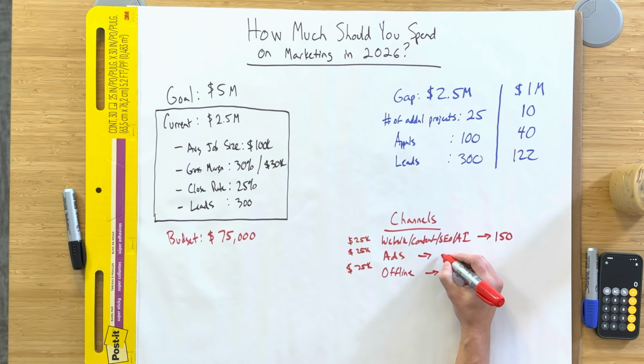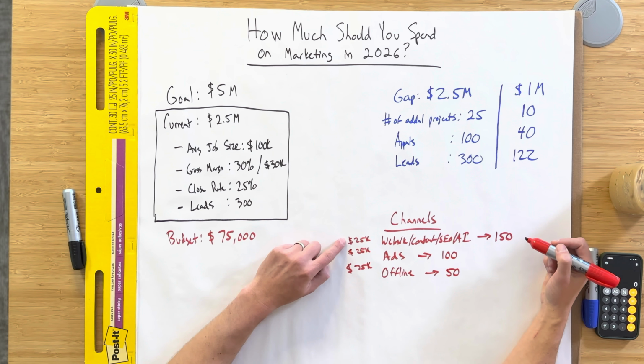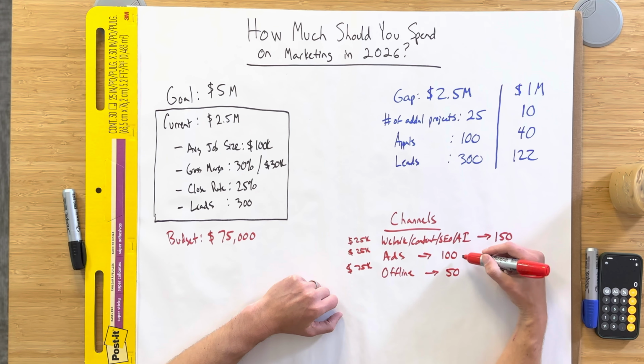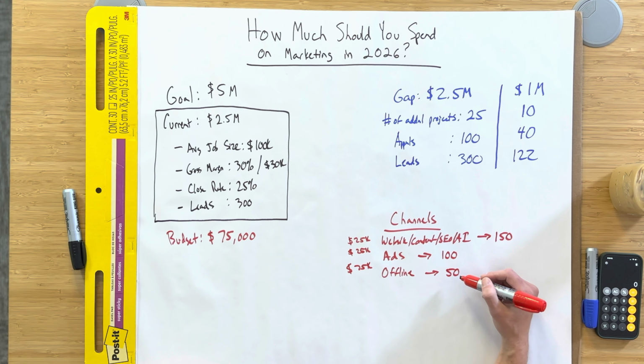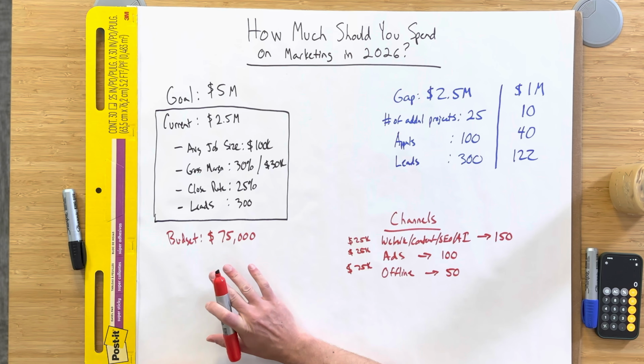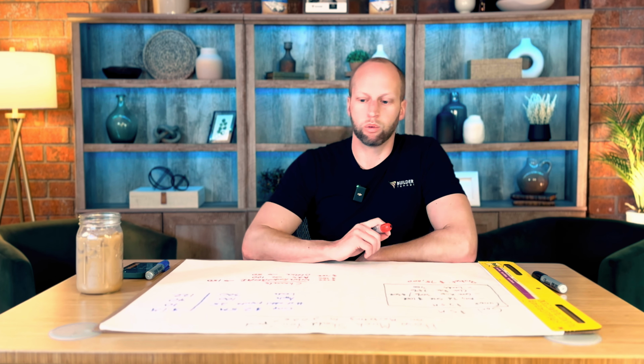But if I got 100 leads from this channel and I got 50 here, you can quickly see, hey, I spent the same on all these, but this one had the most leads, this one had the second most leads, and this one did the worst. So if I were to just spend this money better, I would hope that I could outpace the 2.5 million.